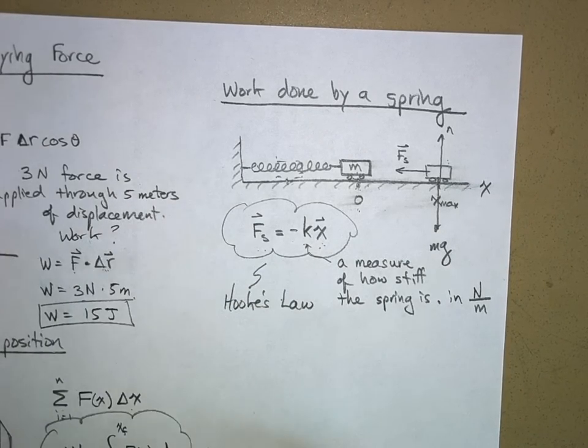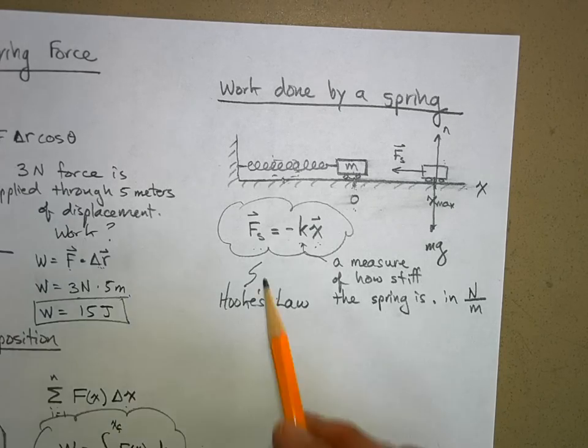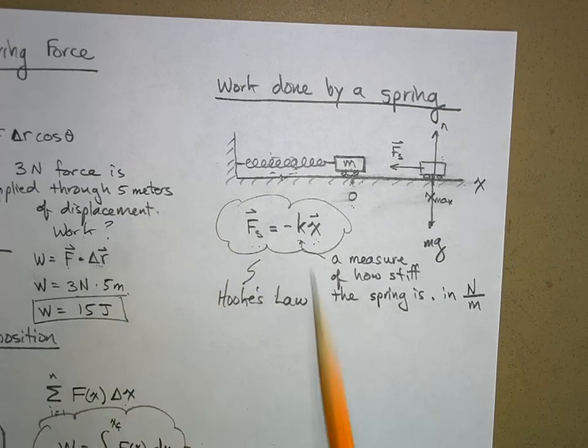And it really does work most of the time. For most of the springs that you're going to work with in industry, the force that you apply will be directly proportional to the displacement away from the equilibrium position, but in the opposite direction, and times some spring constant. Okay.